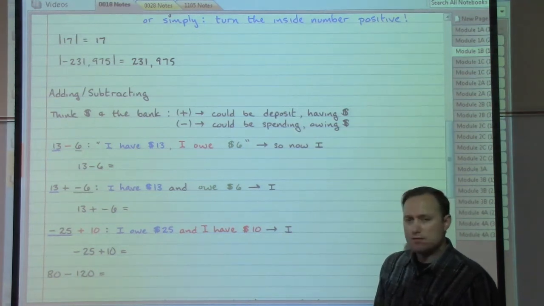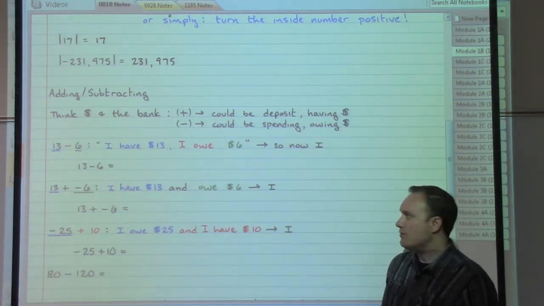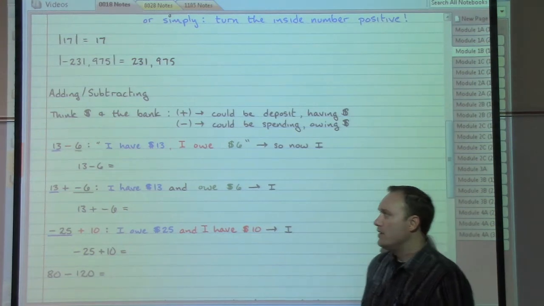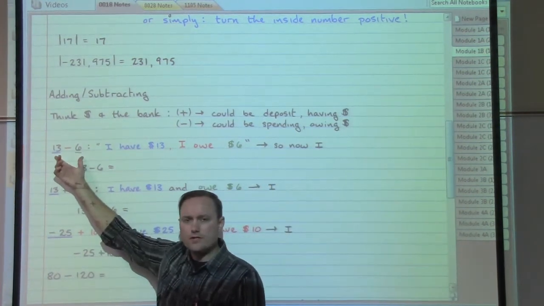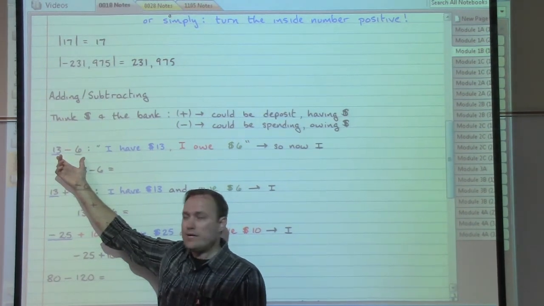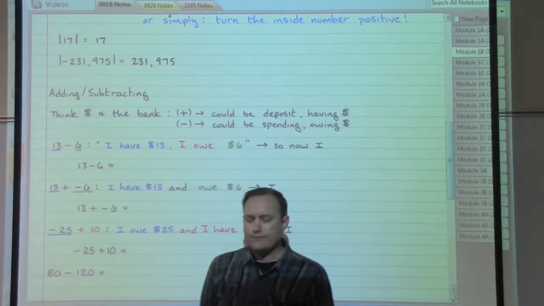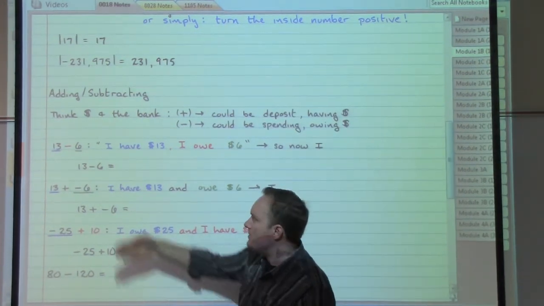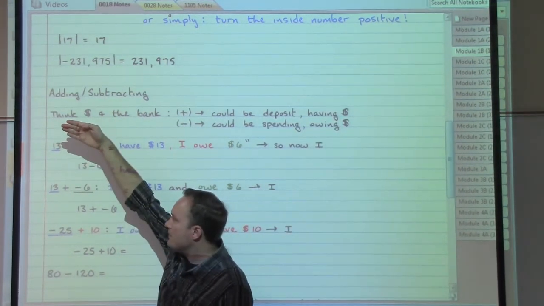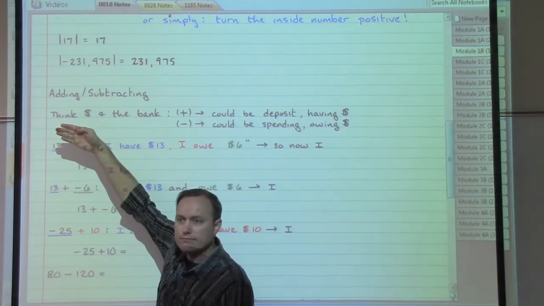I want to look at things, again, in a very simple and sort of direct fashion. So when I look at a problem like this one, officially, mathematically, I would read 13 minus 6, but to put things in terms of money, I would want to say to myself, well, the first number that shows up is a 13.